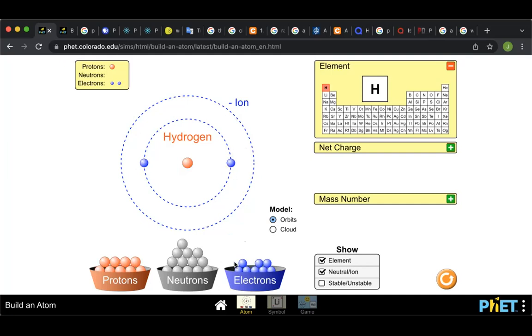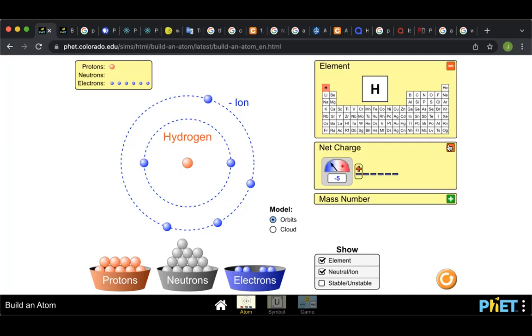If I continue adding another electron, and another, and another, there are a lot of blue balls. Each ball represents an electron. So of course it will be an ion, a very negative ion.